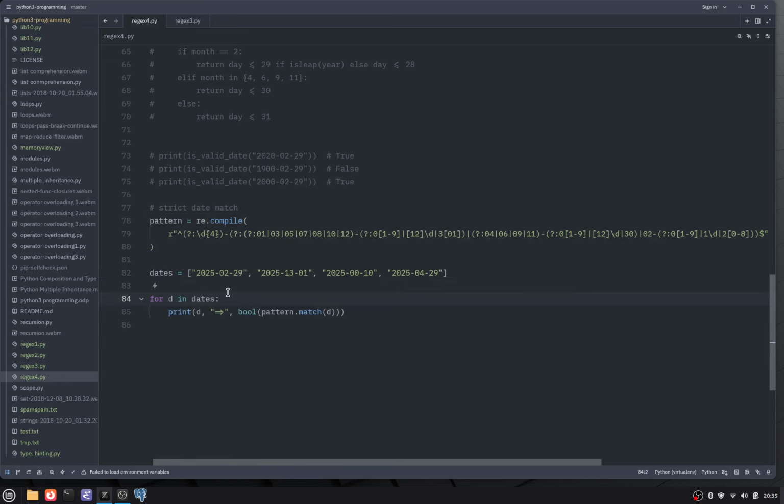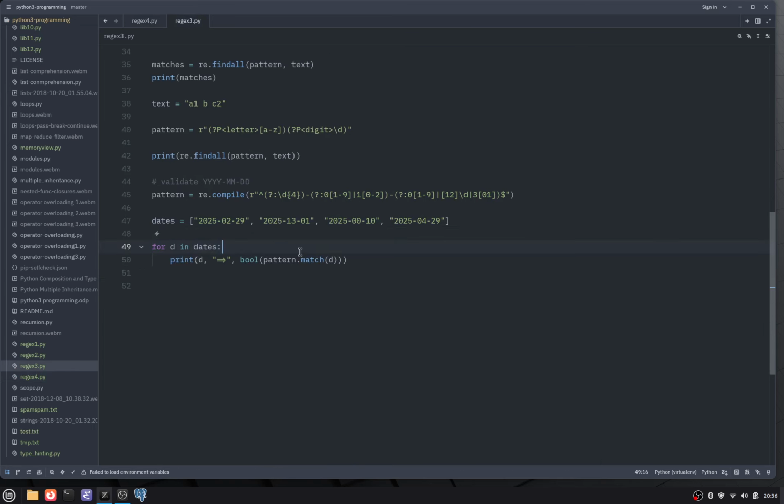Okay, so we look at this first. Let's go through this regex which we studied in the previous video. We are matching our year, 4 characters. Then we are looking for the month.